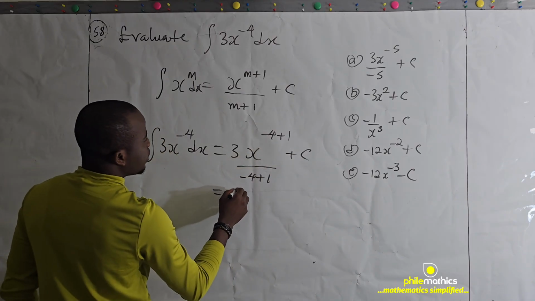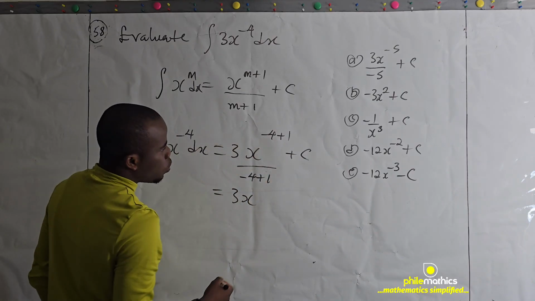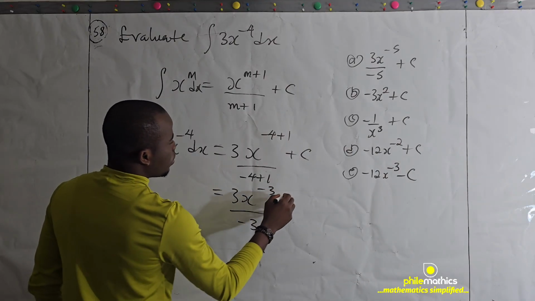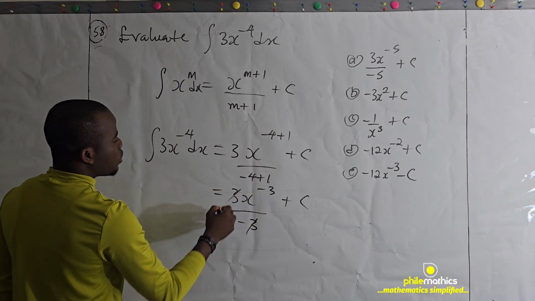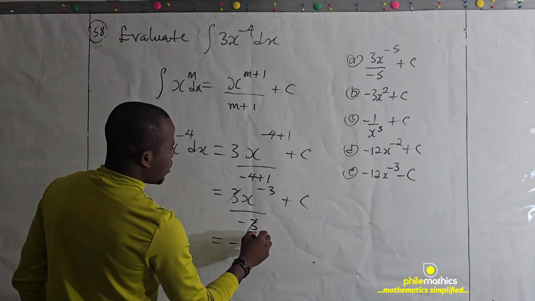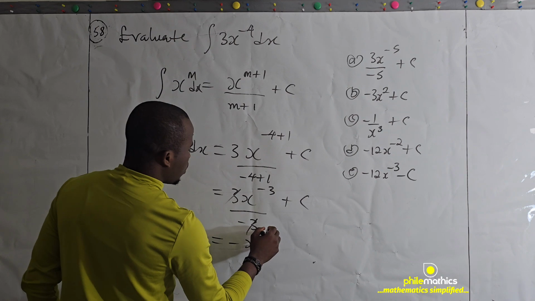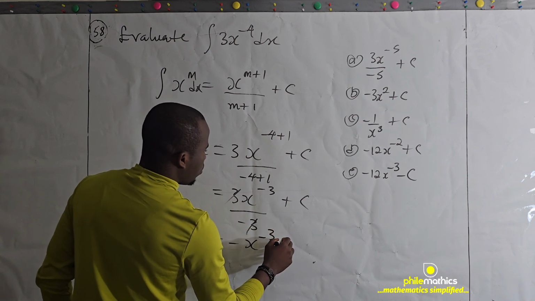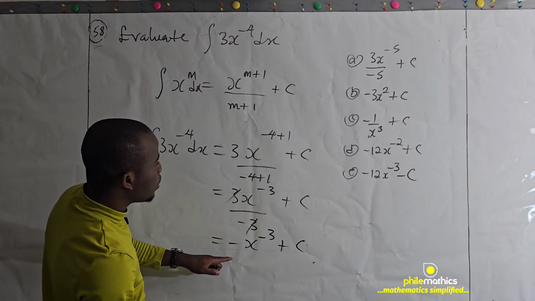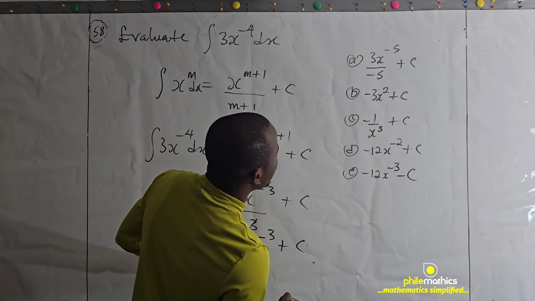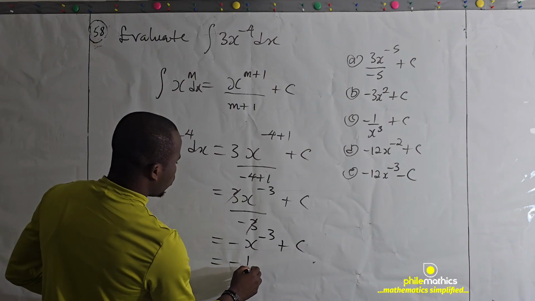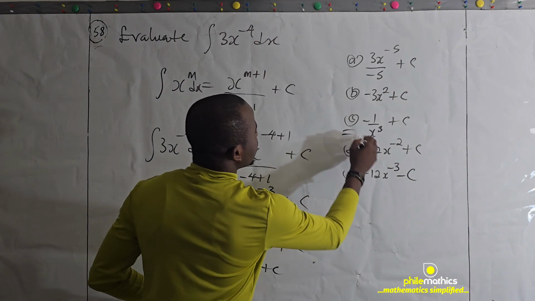And this is 3x to the power minus 3, plus c. 3 can cancel this. So we have minus x to the power minus 3 plus c. And so our answer is the same as minus 1 over x cubed plus c, which is C.